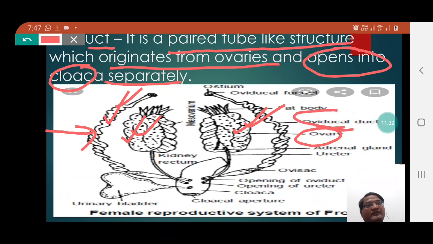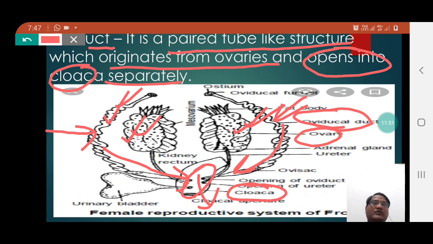Friends, you can see here, this is the oviduct, and this oviduct further directly dumps the egg to the cloaca, and this sac-like structure cloaca further releases the ova out of the body of female frog.